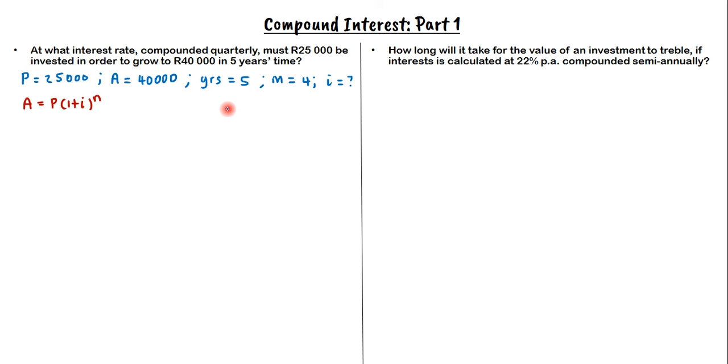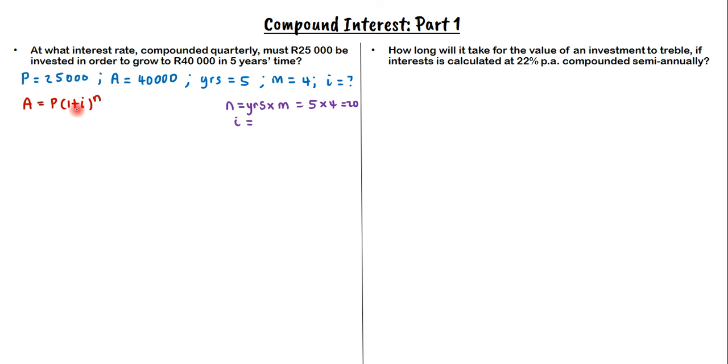We calculate n by taking the number of years and multiplying it by the number of times the interest is charged in a year, in other words the compounding, which in this case is 4. So to get n, it will be 5 multiplied by 4, which is 20.